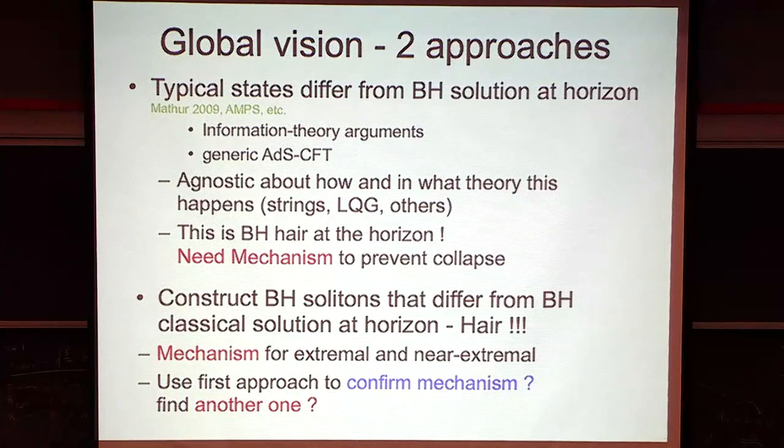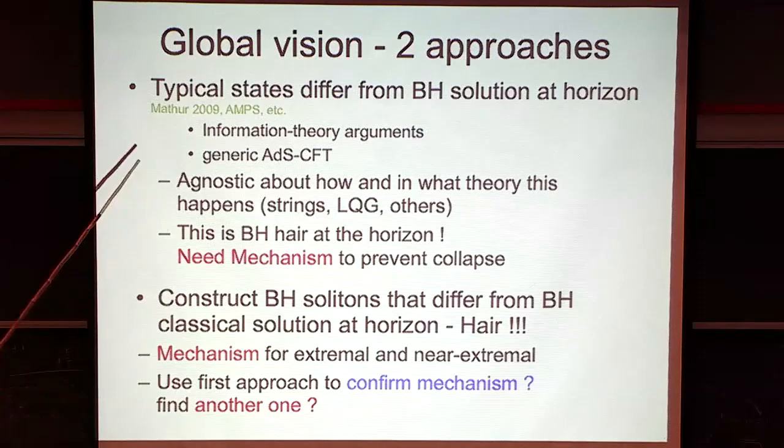So my global vision of what's going on is that at this point there are two efforts. There are basically two directions of attacking this problem. We're all trying to find out that typical states differ from black hole solutions at the horizon. This is what Samir has argued using information theory arguments and generic AdS/CFT, which doesn't involve D-branes or solutions or anything. Just generic AdS/CFT.